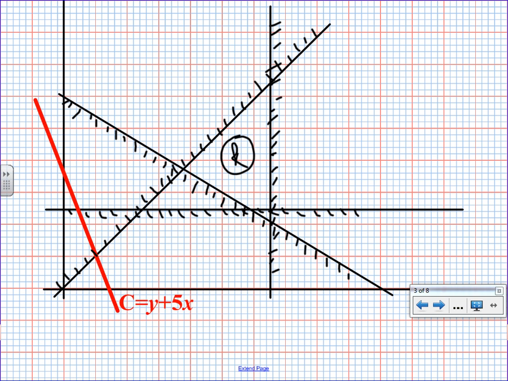So if we move our line, don't forget, every time I move this, I'm increasing C. So this is all the places where the profit is 4, this is where the profit is 5, this is 6, etc., 7, 8, 9, 10.